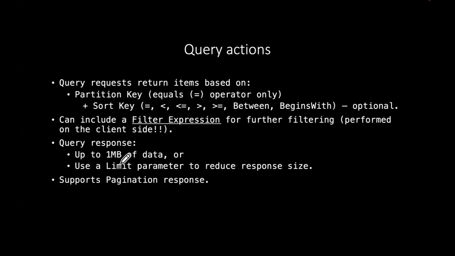So if we take our example of a query that potentially returns 100 items, you can tell DynamoDB, I only want the first 20. That may make sense depending on the nature of the query. So we're reducing the amount of traffic between DynamoDB and your Lambda, or whatever your client is. You can do pagination as well of the response between DynamoDB and your Lambda.